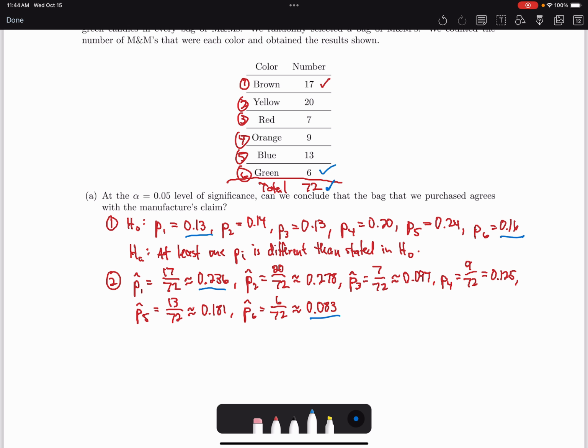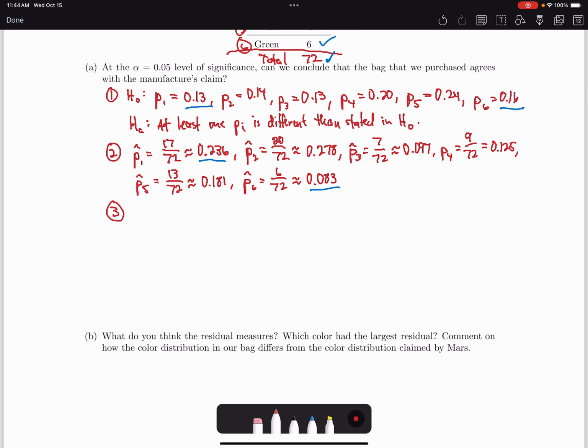But there's only one way to know, right? And it's to run the test. So we'll go ahead and get our p-value now. To get our p-value, we're going to go to the chi-square test, and we're going to run the goodness of fit. Okay, so make sure to write those things down.